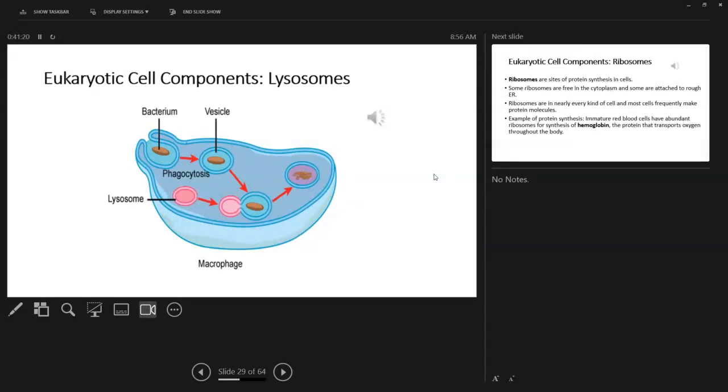Not all cells can do this, but some types of white blood cells of your immune system can. If they find a bacterium or something that doesn't belong in your body, they'll gobble it up like that, and then put it into a lysosome to destroy it, break it down. This is called phagocytosis. The large white blood cells that can do this are called macrophages.